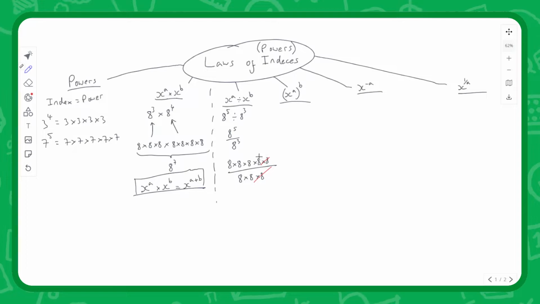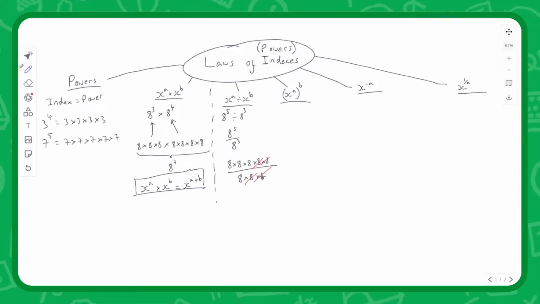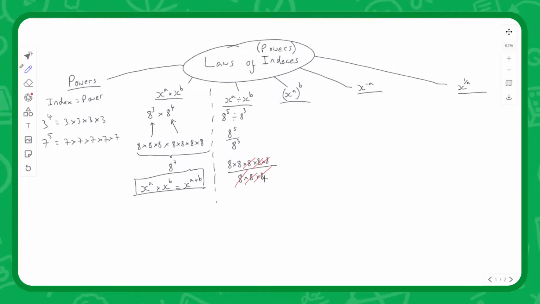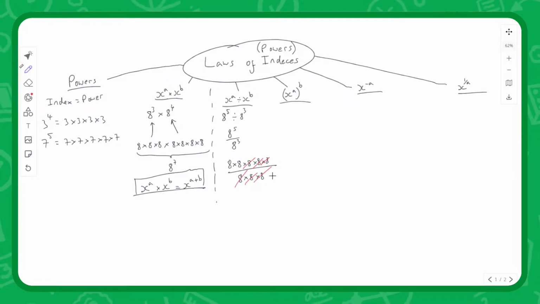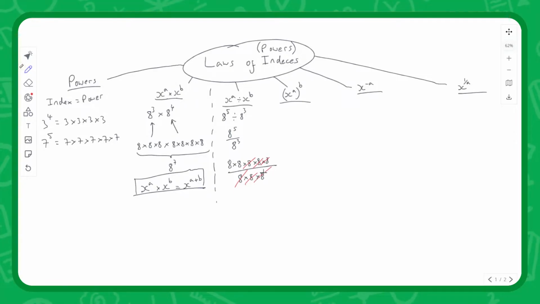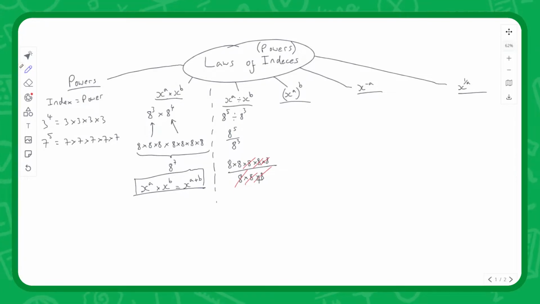And likewise, again, I've got a common factor of 8 on the top and the bottom. And again, I've got a common factor of 8 on the top and the bottom. And so because we basically cancel as many 8s as we're dividing by, in this case, we're dividing by 8 times itself 3 times, we cancel out 3 8s. We're basically knocking these off of our numerator. And so rather than 5 8s timesing each other together, we're left with just 2 8s timesing each other together.